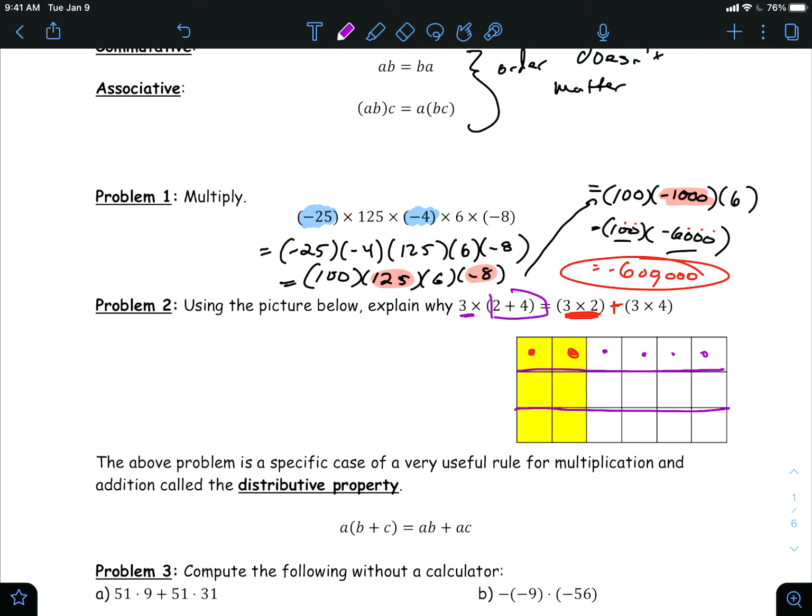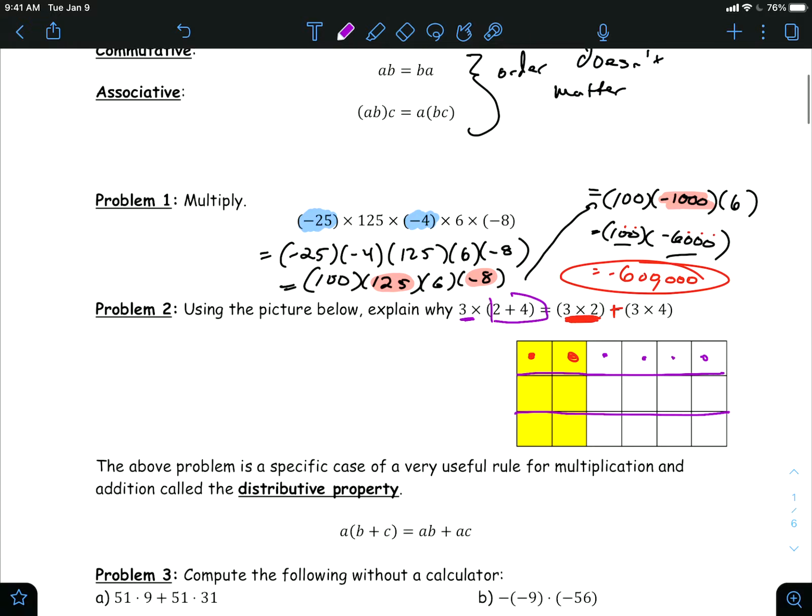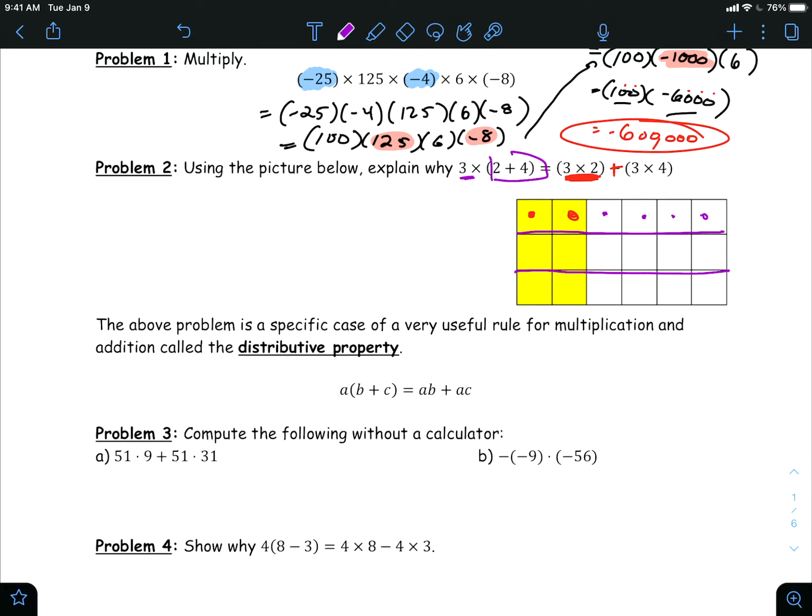So when we jump down here in a sec, in looking at a problem like this, we're going to have what we call the distributive property. What that means is distribution. Have you guys ever seen distribution before? Distribution means we're going to get rid of brackets. So from the left side to the right side, that's what's happened. We got rid of the brackets.